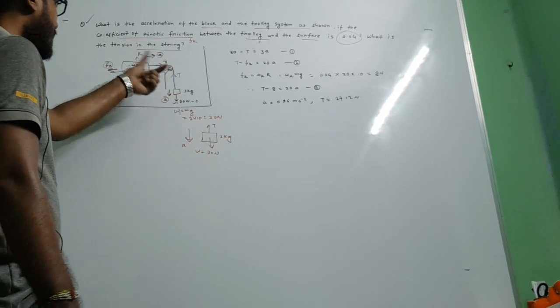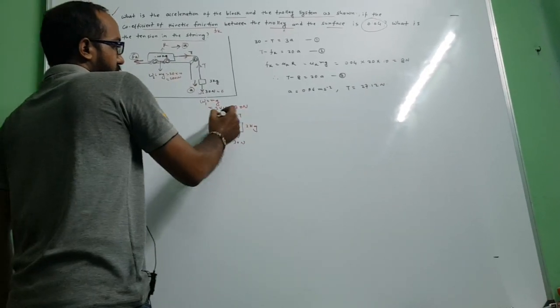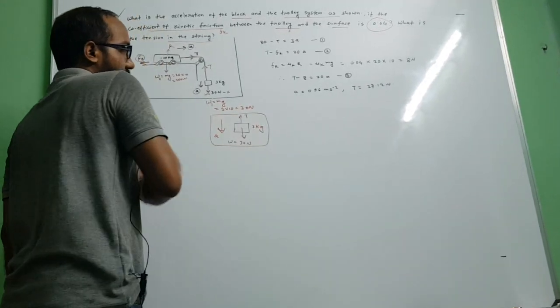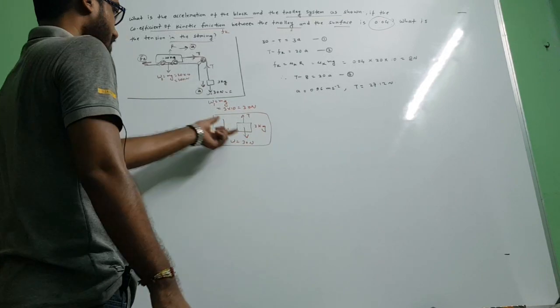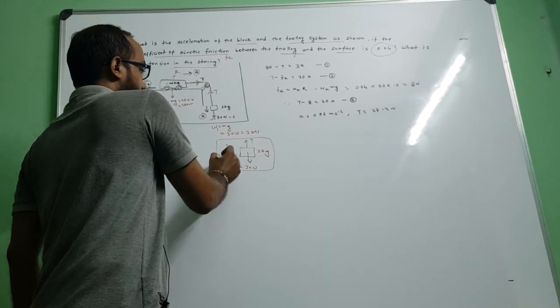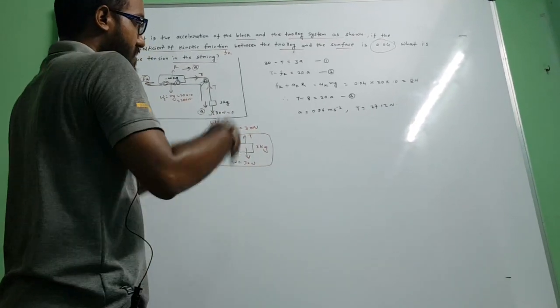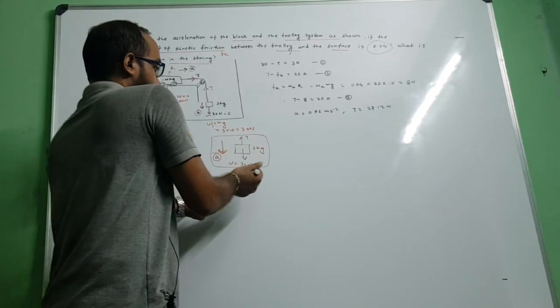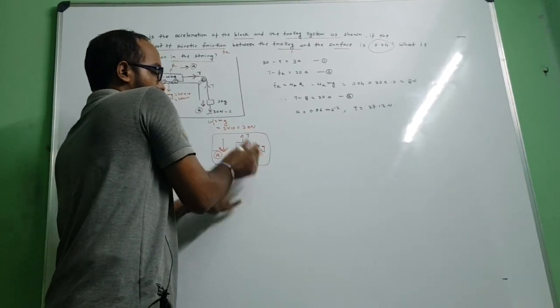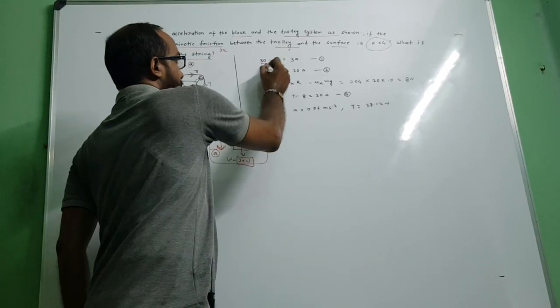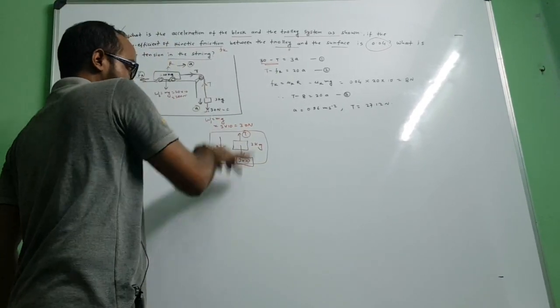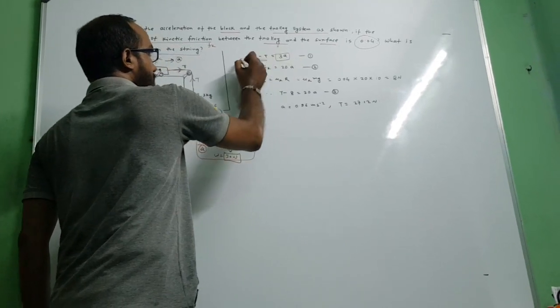We have freed the body from the whole diagram. If you concentrate on this diagram, we see that the resultant force is acting downward. As the object is moving downward, its acceleration direction is downward. So from the second law, the weight 30 Newton is the force acting downward, T is opposing it, so 30 minus T is the resulting force acting downward, that is mass into acceleration from the second law of motion.